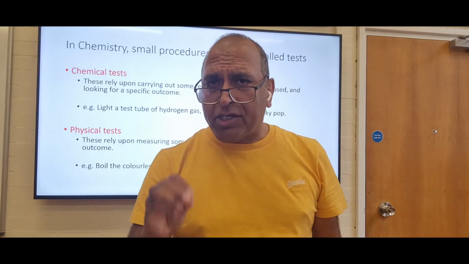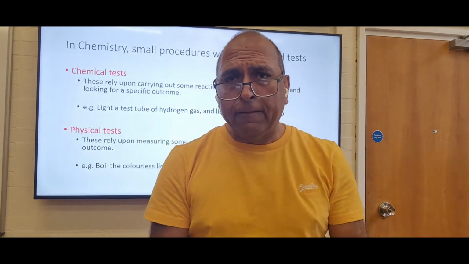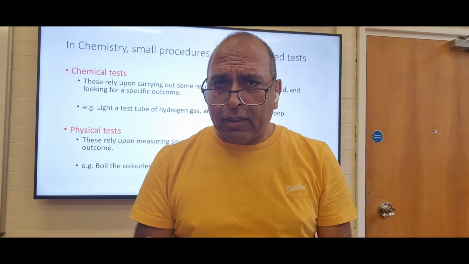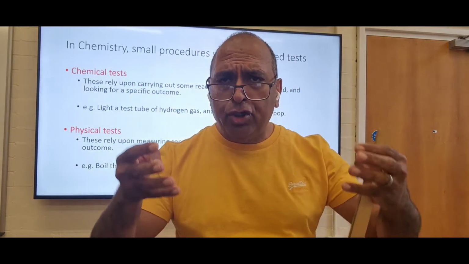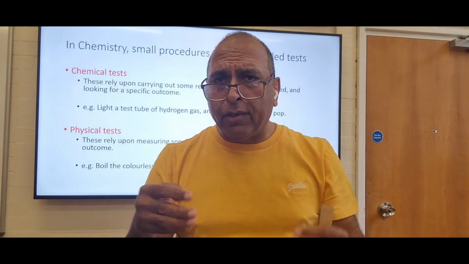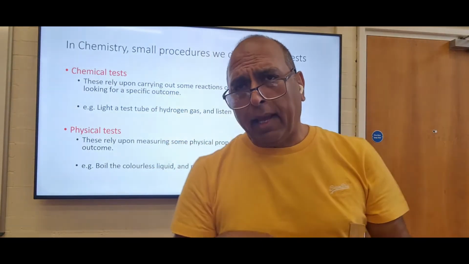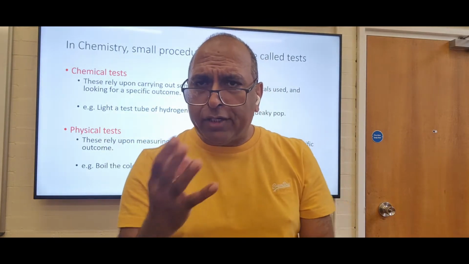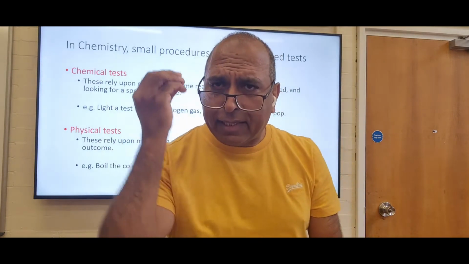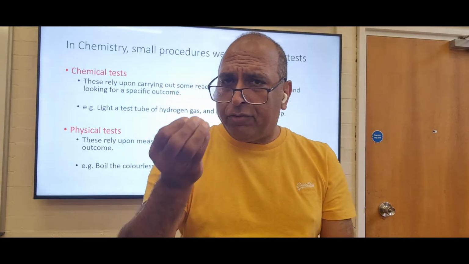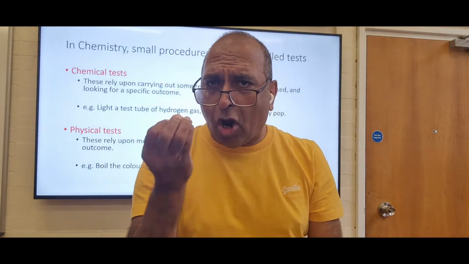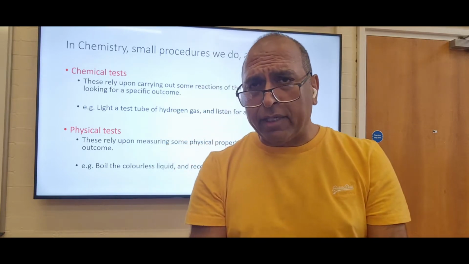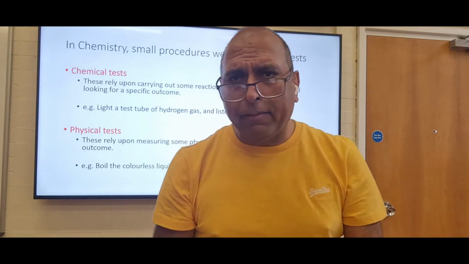Now there are certain tests in chemistry that rely upon reactions. That's where the bonds within the compound are broken, and we observe something and new things are made. And that's a chemical test. It relies upon a reaction happening, as opposed to a physical test where it's not a chemical reaction.